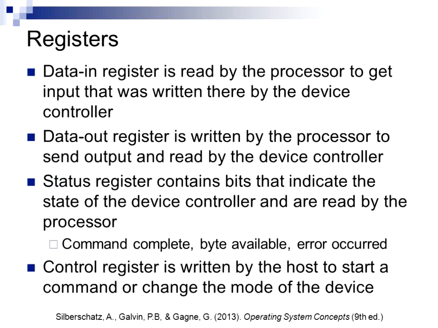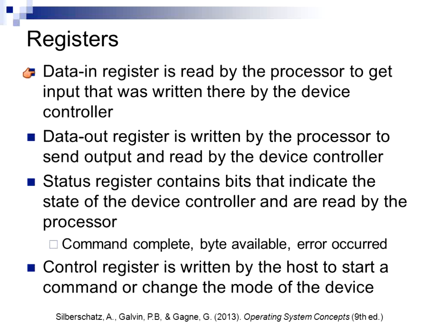So we can look at what these registers are and what they do. We have a data in register that's associated with the controller, and the data in register is read by the processor to get input that was written there by the device controller. So when your program says to read data from a file, the CPU would actually tell the controller it wants to read something from the disk.